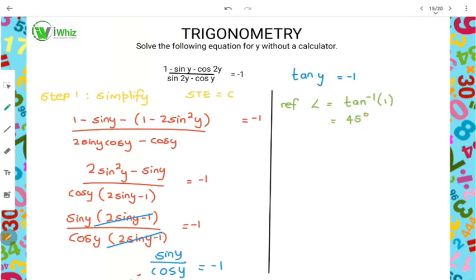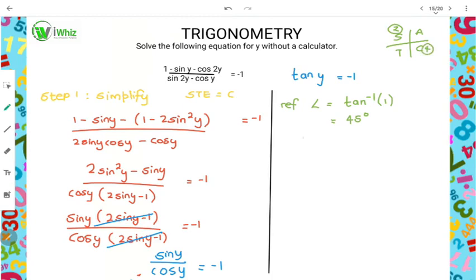Once I have the 45-degree angle and I use my CAST diagram or my CAST rule, C-A-S-T, I can see that tan needs to be negative. So in which quadrant is tan negative? Tan is negative in the second quadrant and the fourth quadrant.